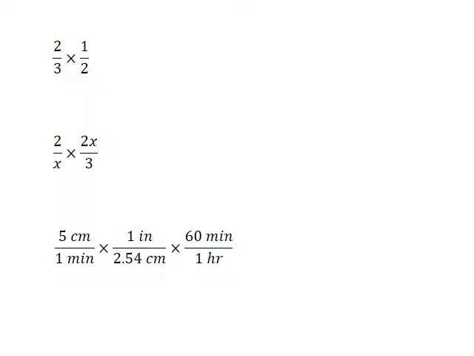So in this second one, we've got an x in the denominator and I've got an x in the numerator. So I can cancel those out. So in the first one, if I cancel the 2's, the answer to that first problem is 1/3. If I canceled the x's in my second problem, my answer would be 4/3.